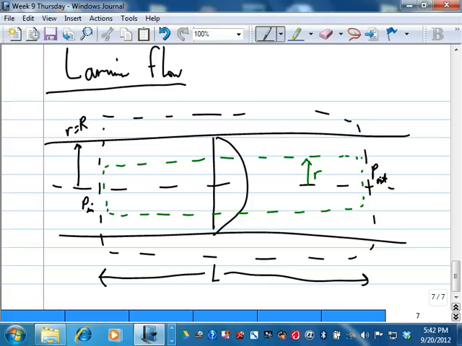We assume, and it is correct, that there is a constant pressure gradient now.